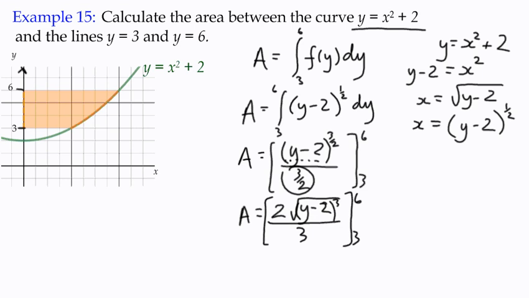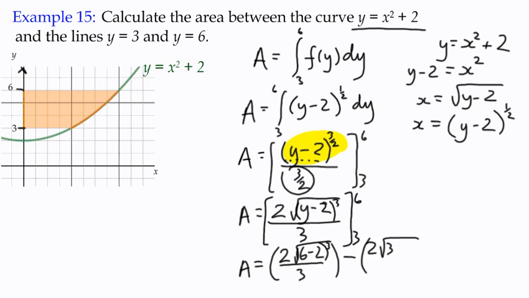So I've changed dividing by 3 over 2 to multiplying by 2/3, but I've also rewritten the power form as the square root of y minus 2 cubed. Substituting in, the area is equal to 2 times the square root of 6 minus 2 cubed over 3, minus 2 times the square root of 3 minus 2 cubed over 3.